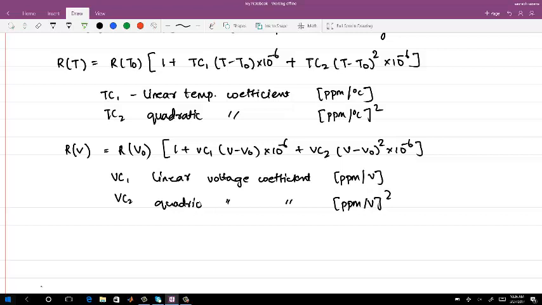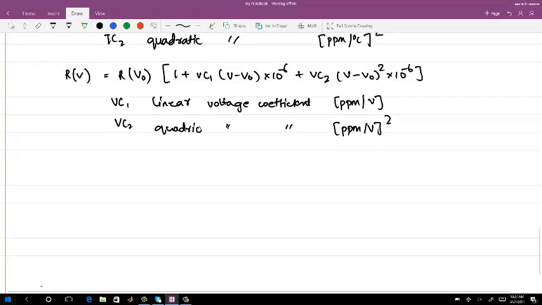Okay, now let's consider one variation, temperature variation, and this TC1 and TC2 depend on the kind of the resistance. They can be positive, they can be negative, large, small, depending on what kind of resistance is used. So let's say I have two resistances and I have an option of N poly and P poly.